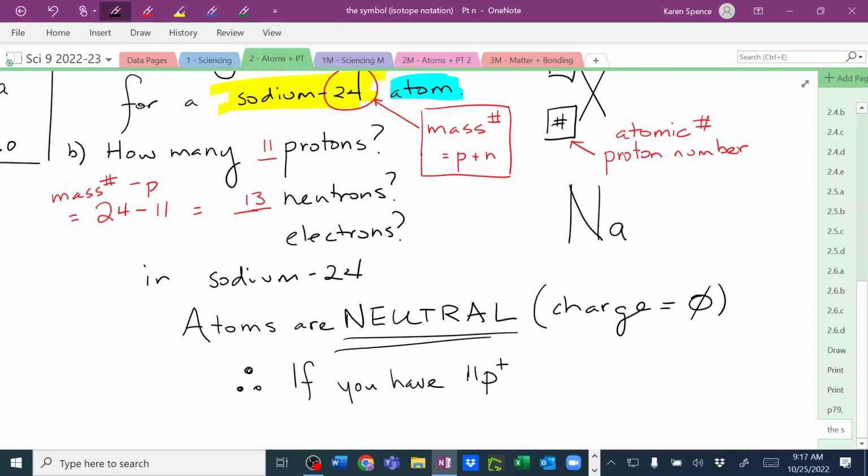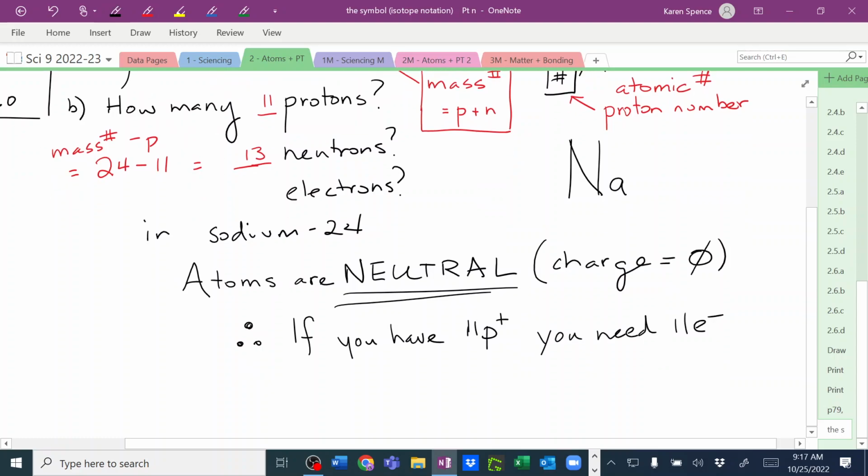Yes. Yeah, you would need to have 11 electrons so that the positive and negative charges balance each other out, so they cancel one another out. So if I ask you about an atom, it's really easy to find the protons and the electrons, yes? Because they have to be the same.